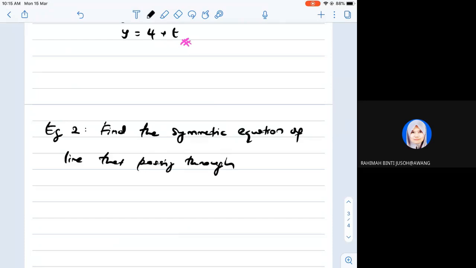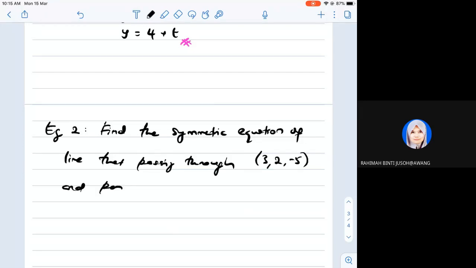Can you give me a coordinate, guys? Give me 3 coordinates x, y, z. Just give me anything. Okay, (3, 2, -5).